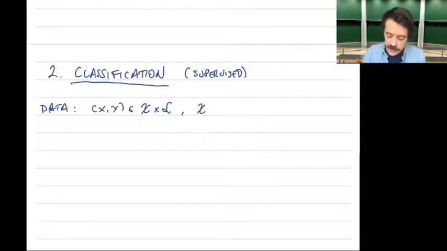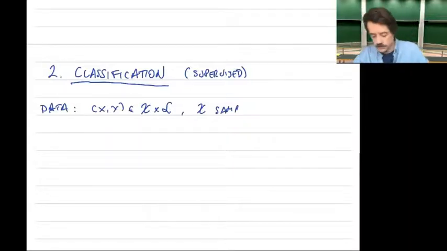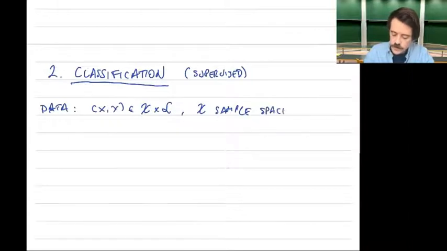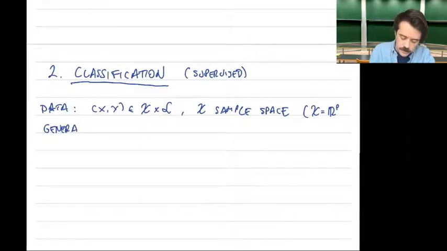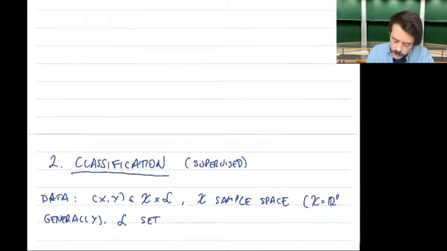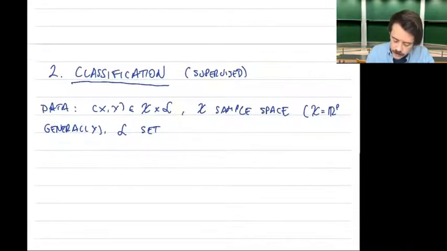So the calligraphic X is just the sample space as usual, which we're going to assume to be this, generally. And then this calligraphic L is what is called the set of labels or set of classes.